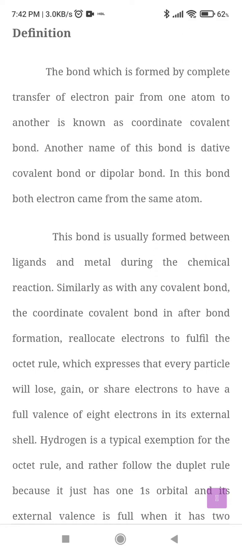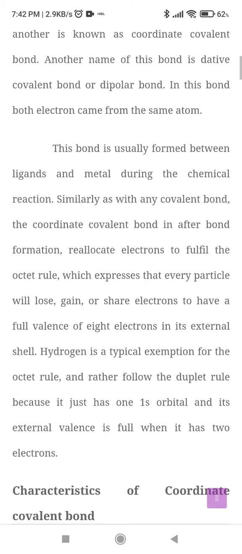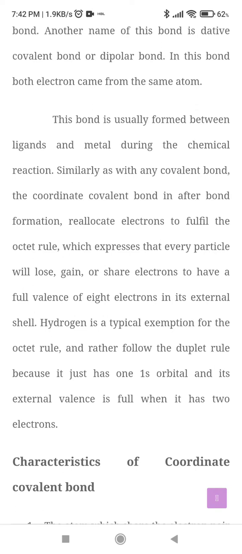Both the electrons used in the formation of the bond come from the same atom. This bond is usually formed between ligands and metals. Ligands are those molecules which have an extra lone pair, and most metals are electron deficient and have the capability to accommodate the incoming electrons.